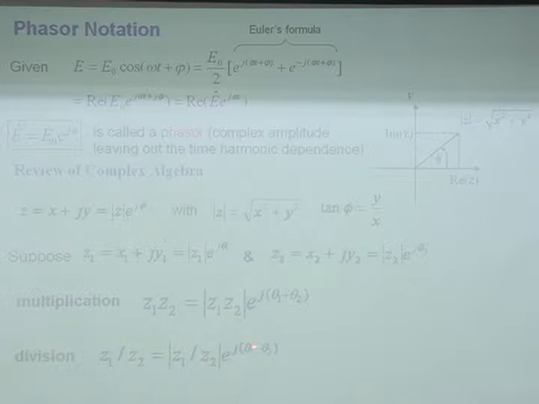So this is the advantage of converting the sine cosine into a phasor, because a phasor is going to give you the magnitude of the complex number multiplied with the complex exponential that involves a phase term right here.